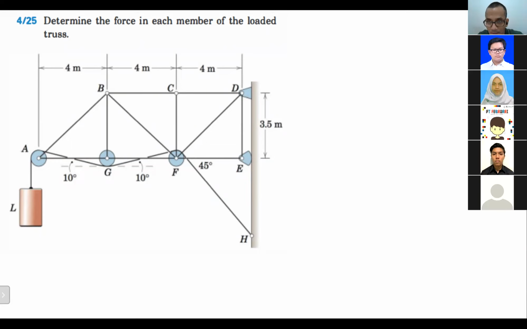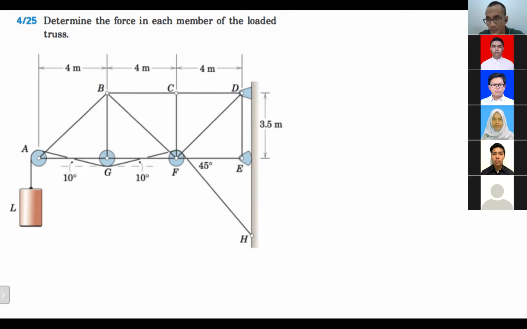Okay, but I believe in order for you guys to have a better understanding of the truss system, it is better for us to have more problem examples, right? Correct or not, Nuki? Do you need more? Okay.